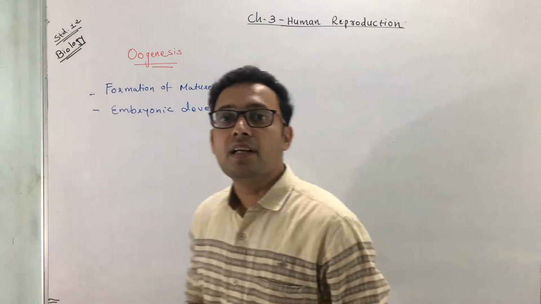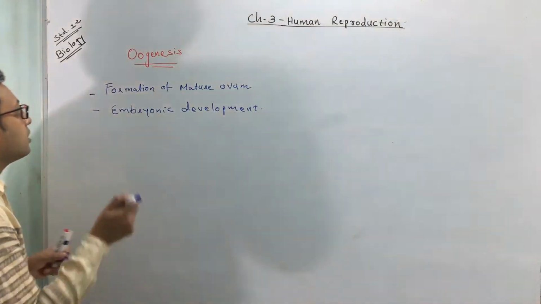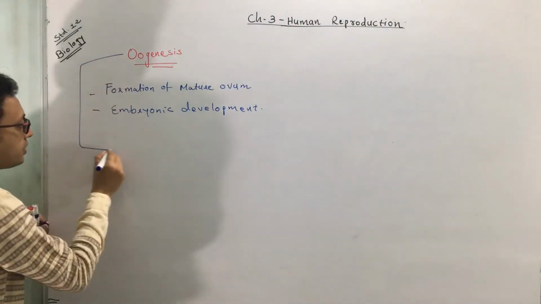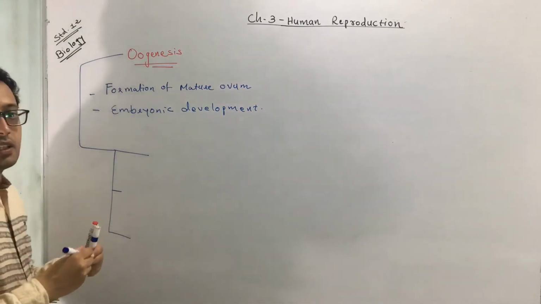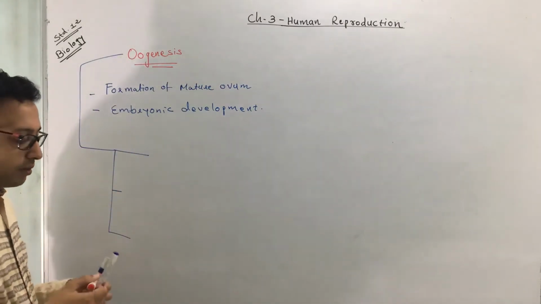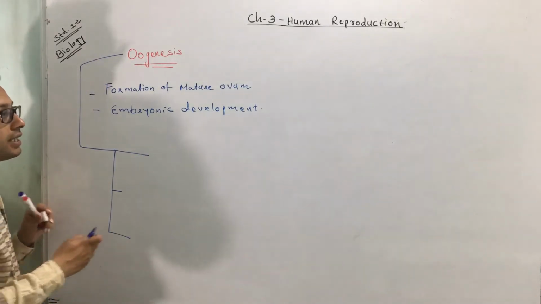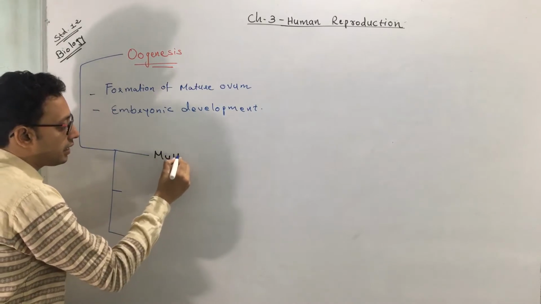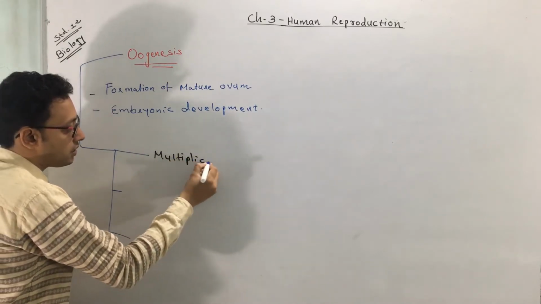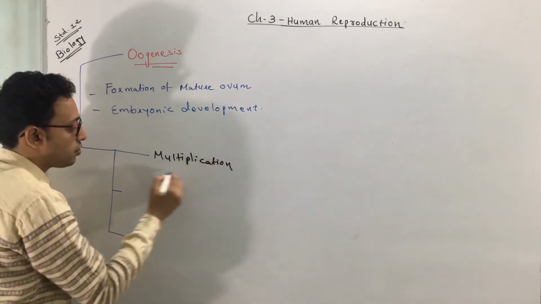Similar to spermatogenesis, the oogenesis is divided into 3 stages. There are 3 stages in the development or production of an ovum. Which are the 3 stages? The first stage, similar to spermatogenesis, is called the multiplication phase.